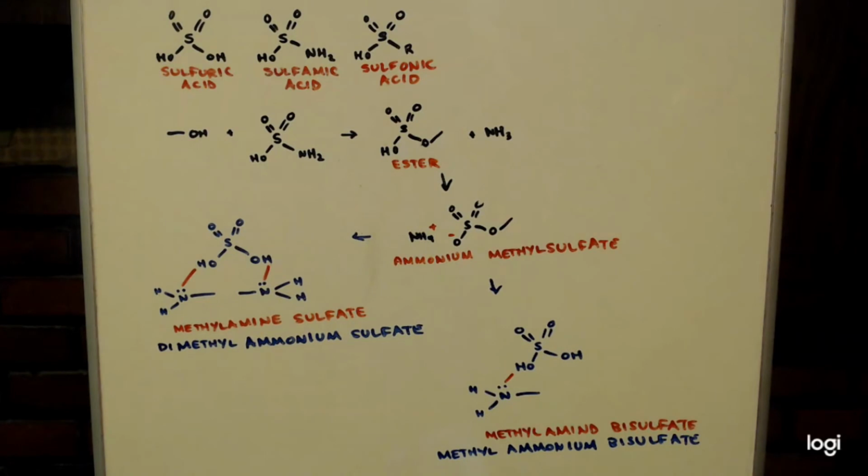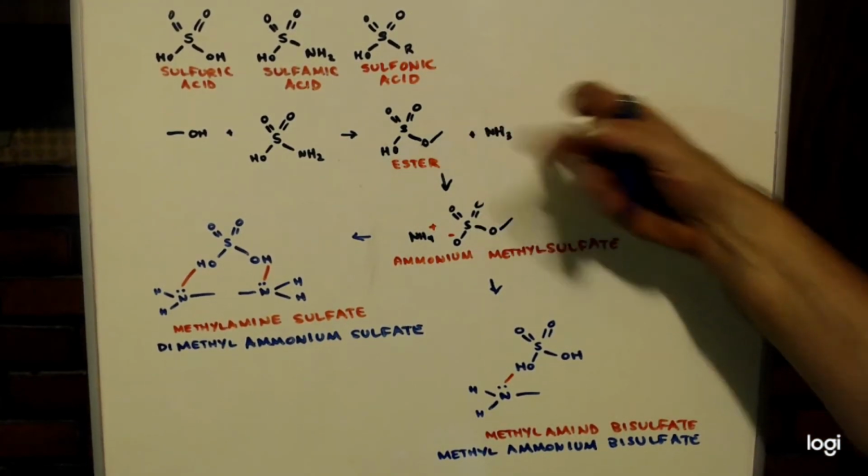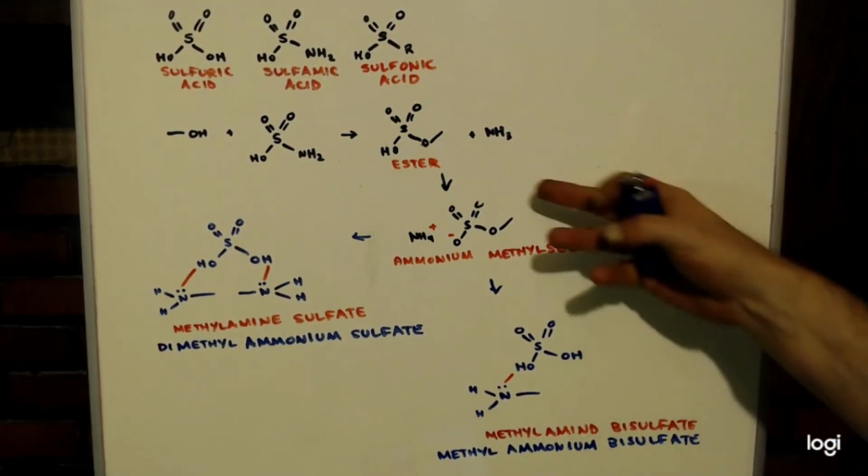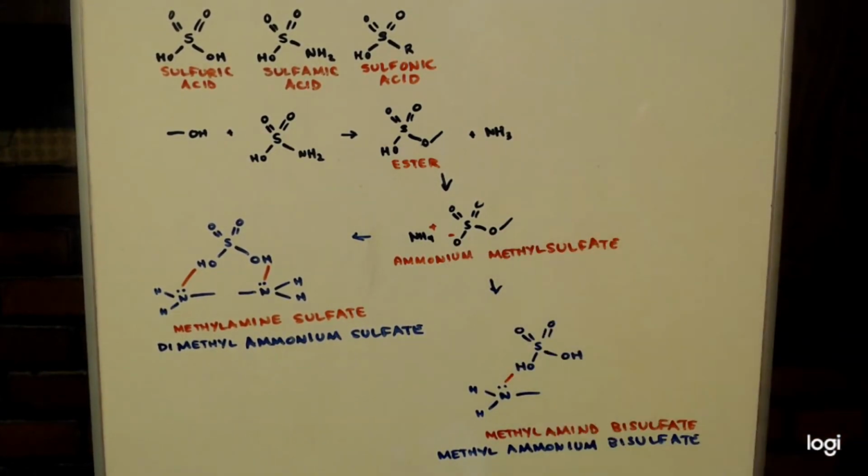I don't know. Like I said, this is beyond my whatever. But I just wanted to clarify that you're not making a sulfonic acid, you're making an ester. And somehow this ester must hydrolyze. I can't see that. I don't see it happening. I don't see how it can happen, put it that way.